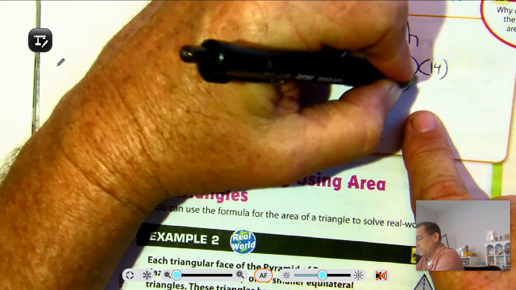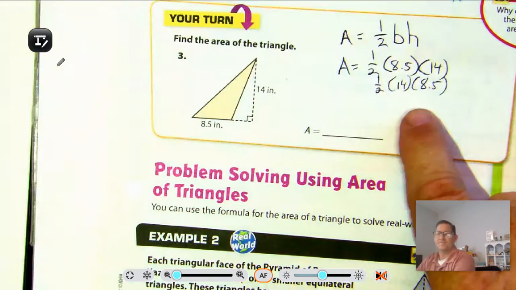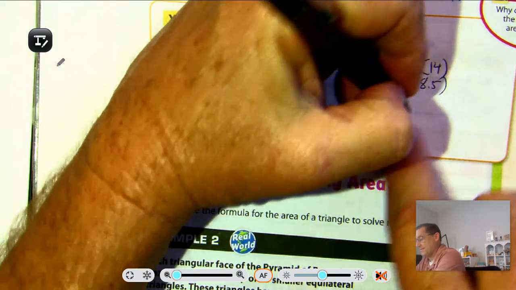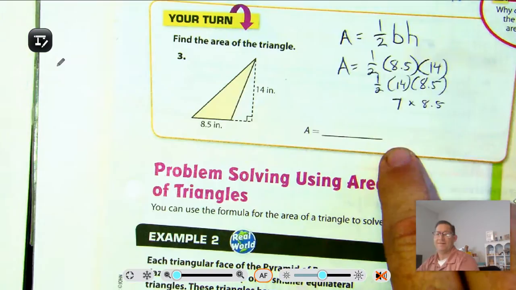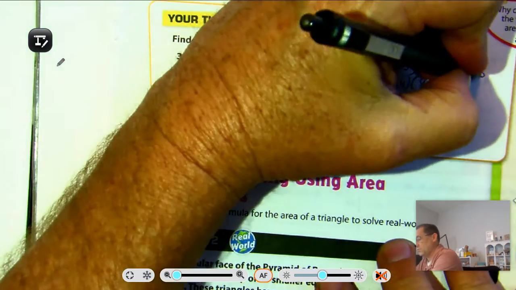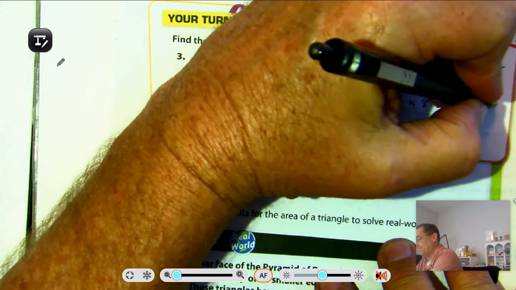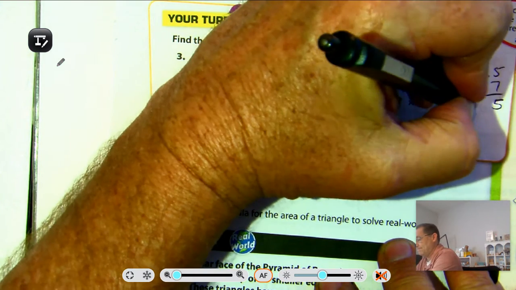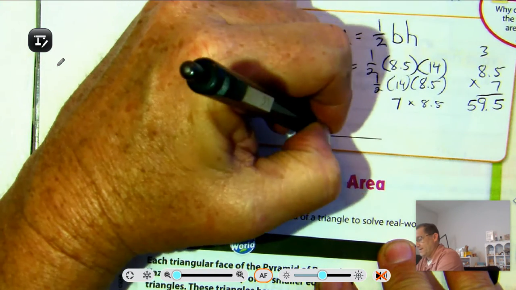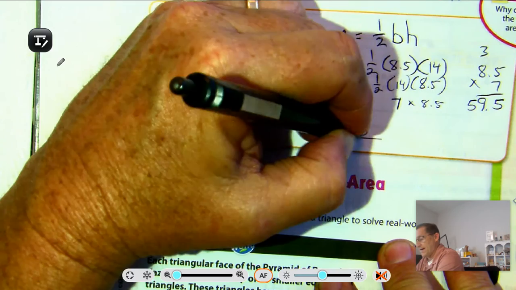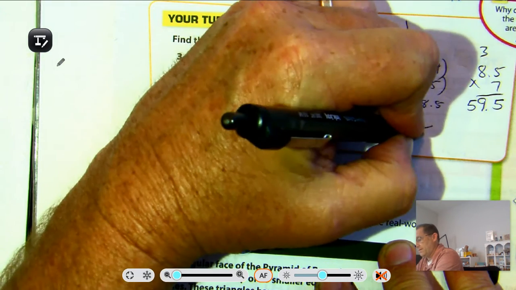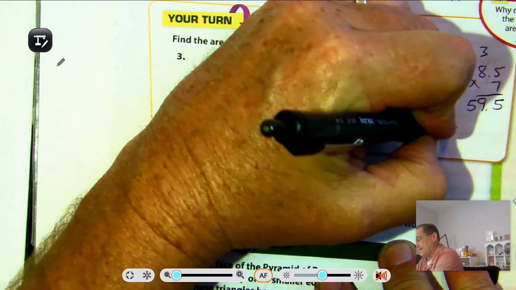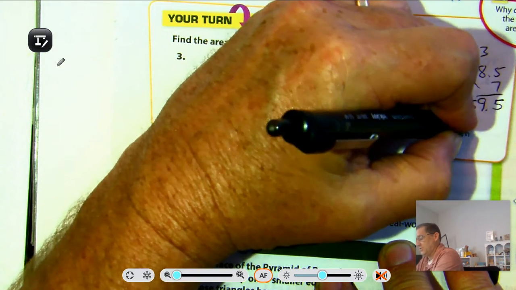I'm going to switch those numbers around. Okay, now I'm going to take half of 14, which gives me 7 times 8.5. So just multiply that. We'd wind up with 59.5 inches squared.